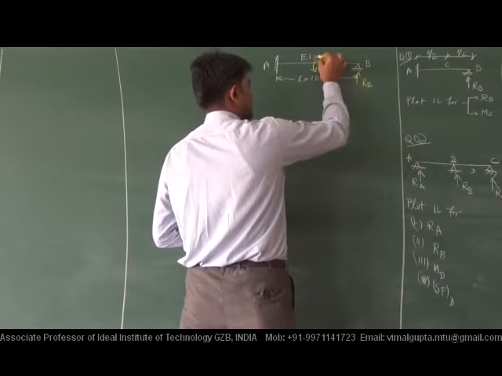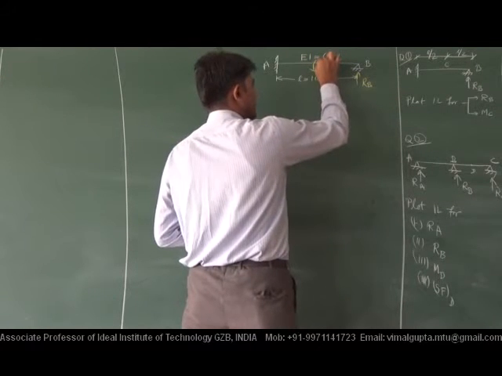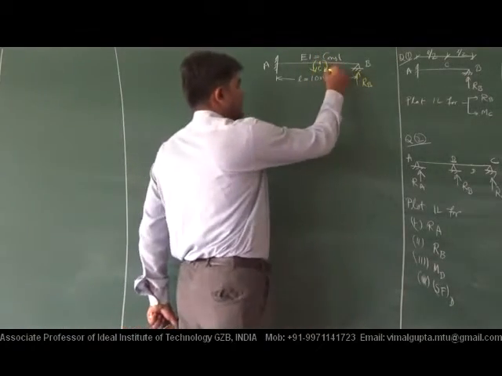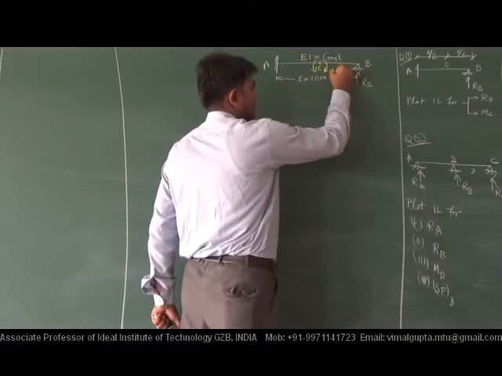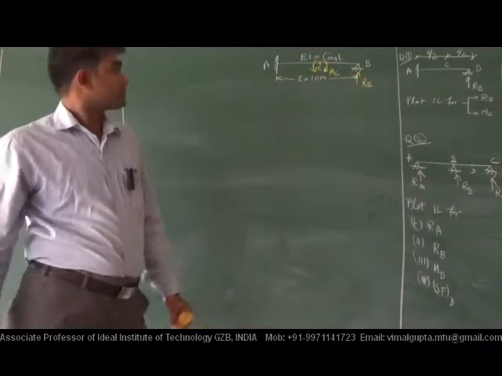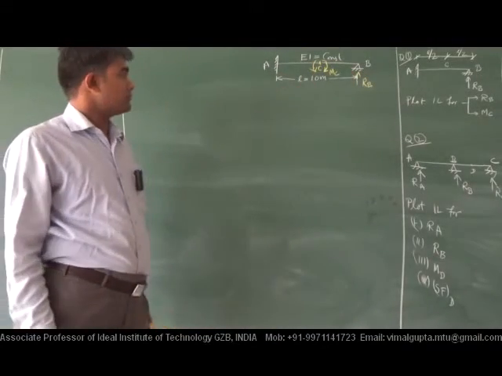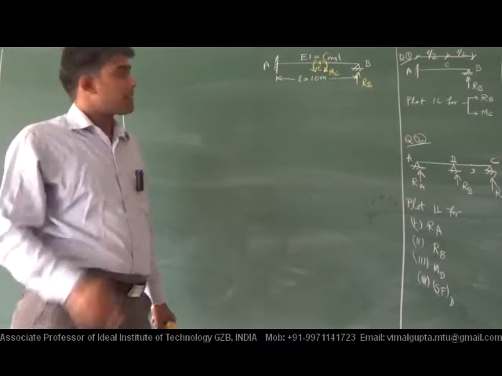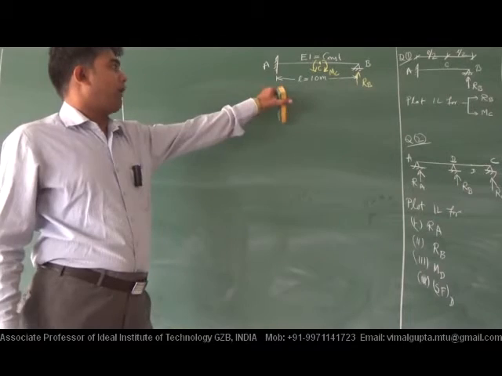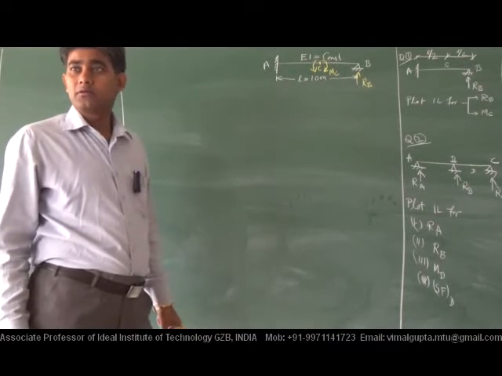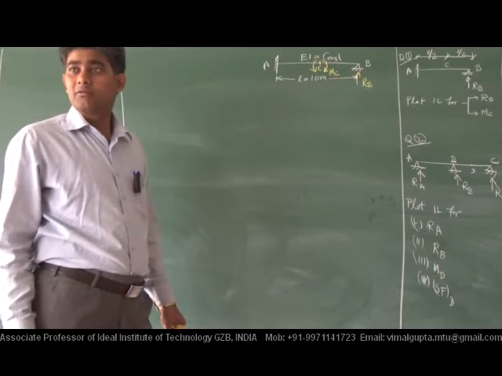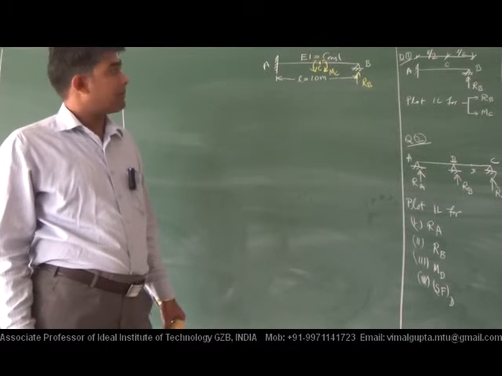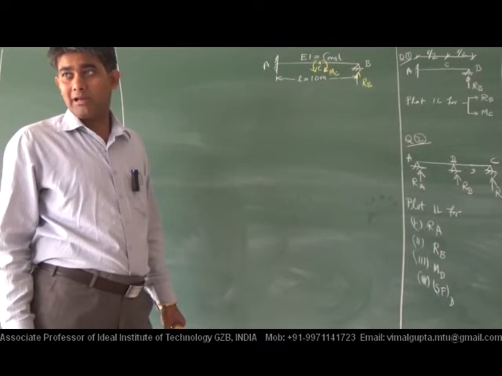This. At point C, it will have MC. What will be the value of RB and what will be the value of MC?